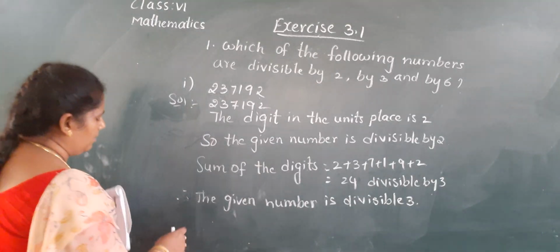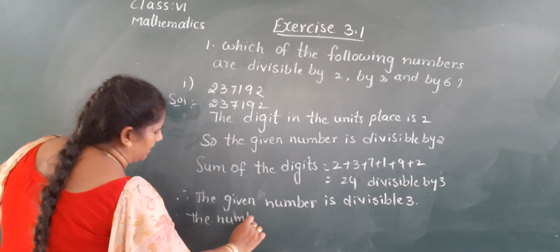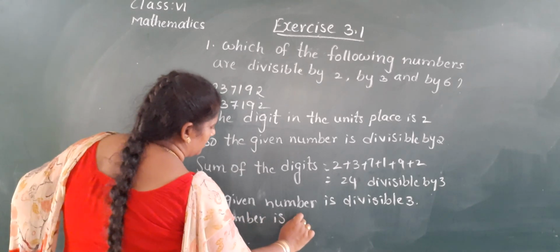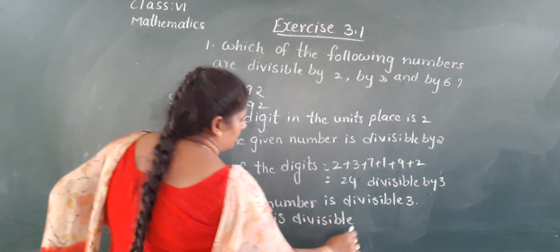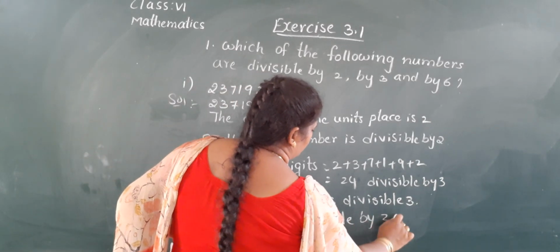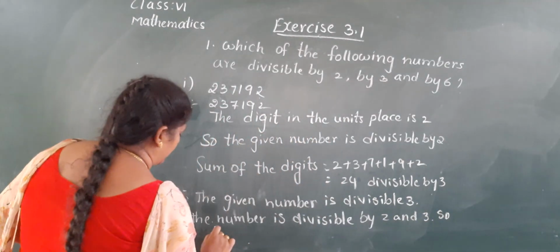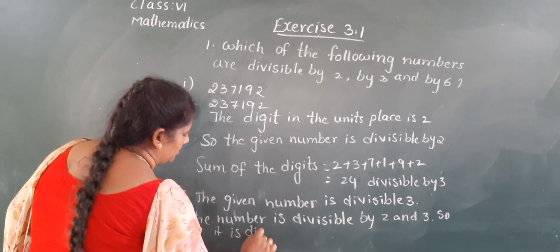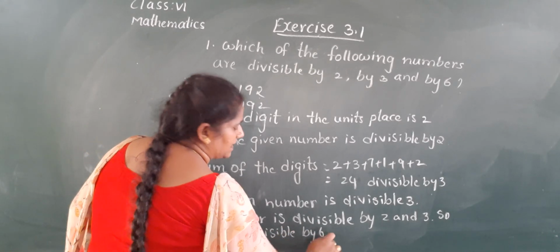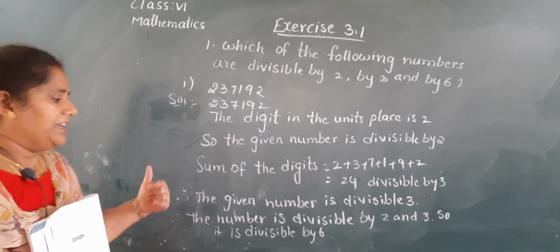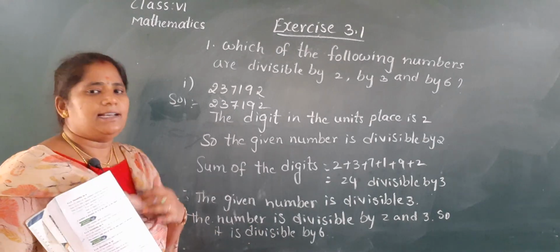Therefore, the number is divisible by 2 and 3, so it is divisible by 6. This is the divisibility by 6: if the number is divisible by both 2 and 3, then it is divisible by 6.